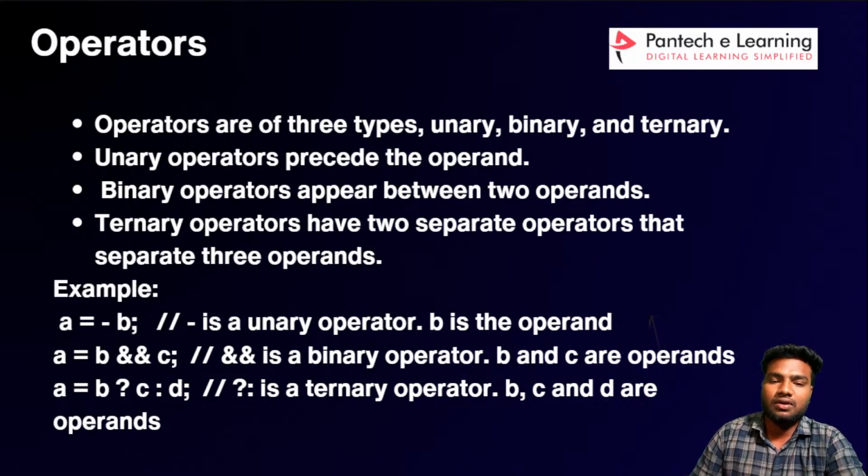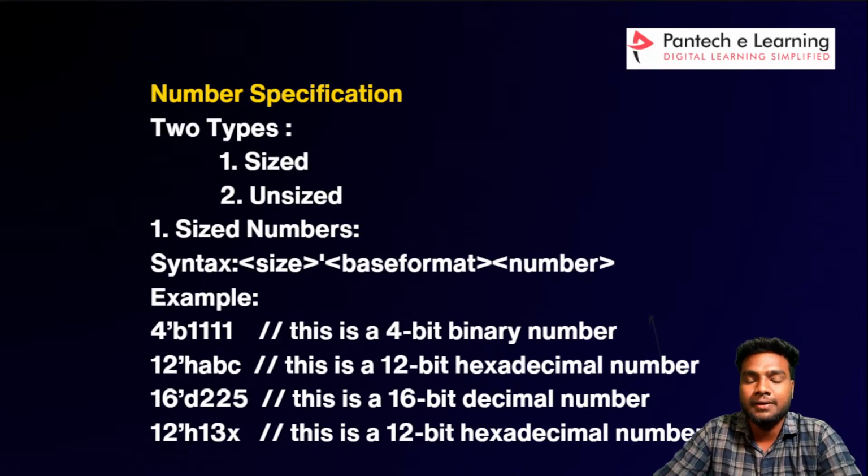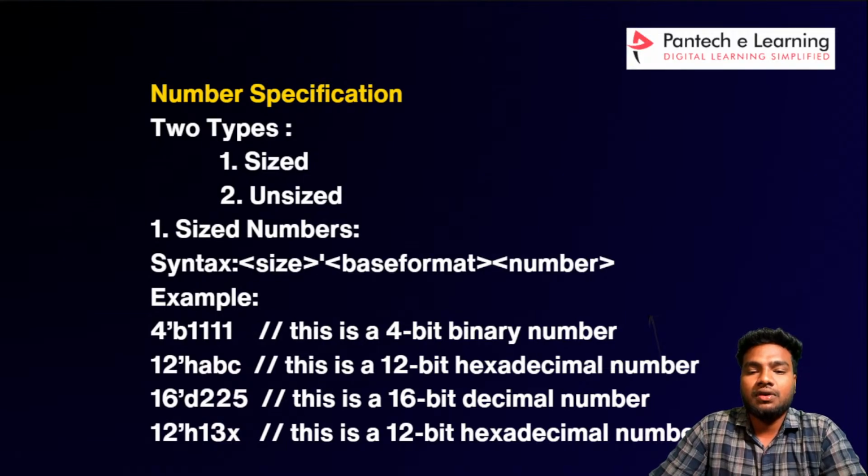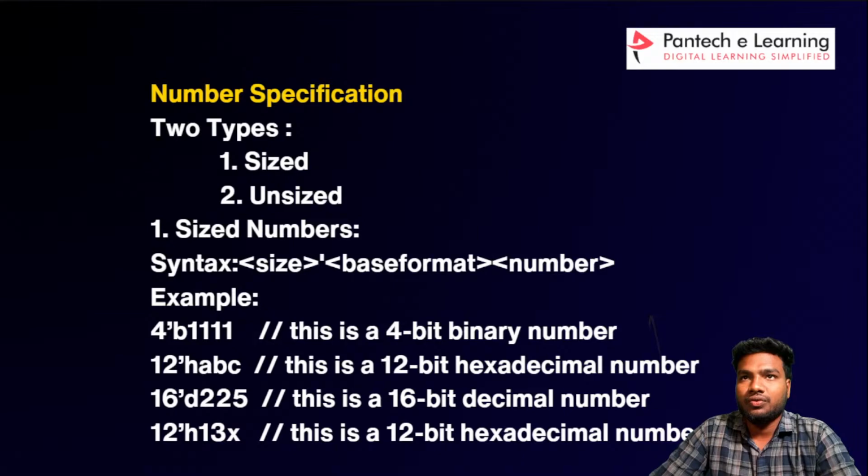So let's move on to number specification. We have two types of number specifications: sized and unsized. Generally in other languages like C, we can write directly A equal 10, B equal 20, 30 like that, and we can also write A equal to 101 in binary.